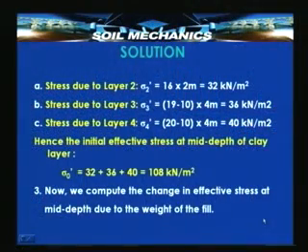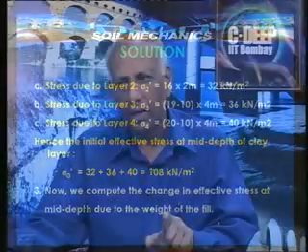and beyond this, when we apply the fill layer, there is an additional stress that arises and correspondingly a reduction in the void ratio. So, now we compute the change in the effective stress at the same mid depth of the clay layer, but now due to the weight of the backfill. The fill layer that is assumed also to be of large extent transmits entire self weight to the mid depth of the clay layer.